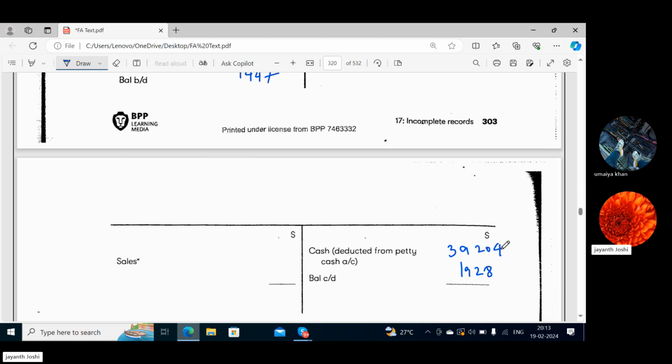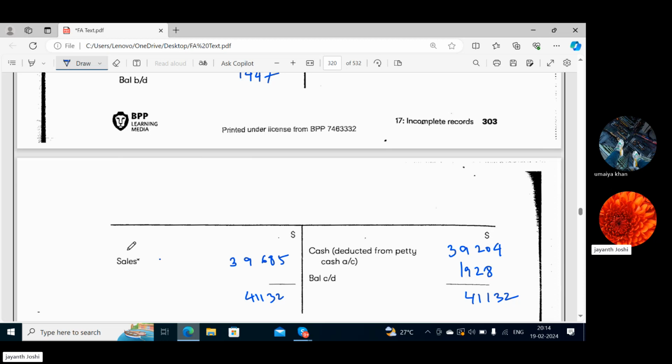So the difference amount will be the sales amount. So sales figure is 39204 plus 1928, that is 41132. 41132 minus 1447 makes it 39685. So this is the amount of sales.